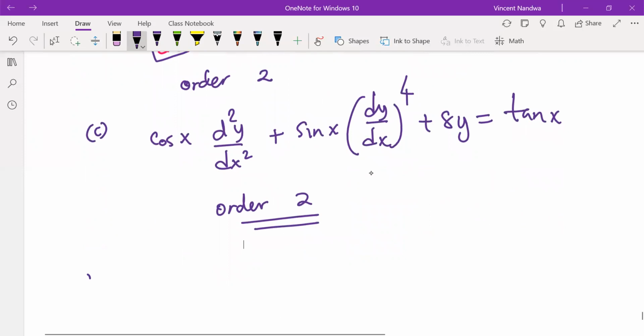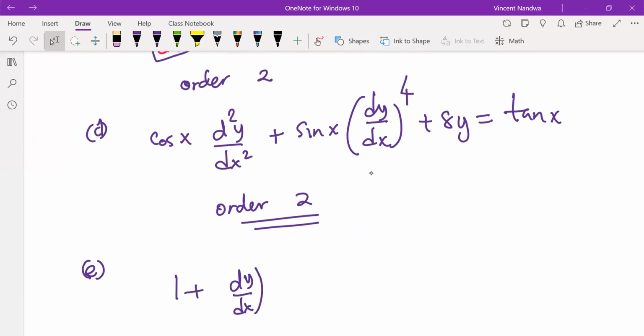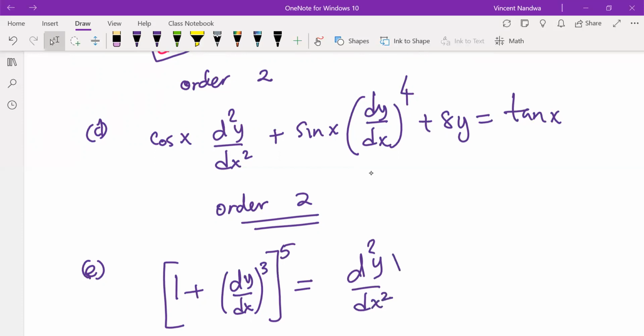And then this is D. If we have (1 plus (dy/dx) to the power 3) raised to power 5 equals (d squared y/dx squared) raised to power 2.